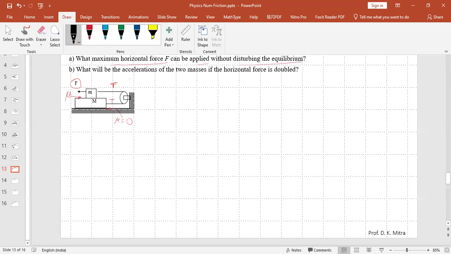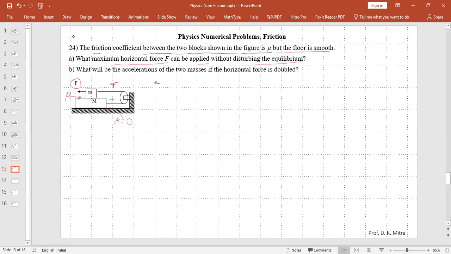Then we consider the smaller block. If we are now doing the first part of the problem, consider the small m as the free body diagram. We write that this is m and there is a tension T. There is a force F towards the left.